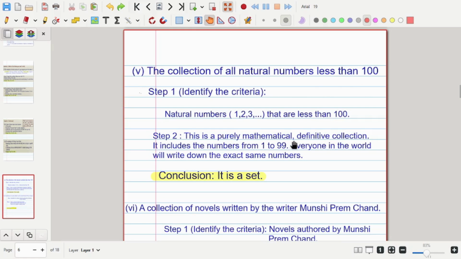So this is a purely mathematical, definitive collection. It includes the numbers from 1 to 99, because less than 100 means up to 99. Everyone in the world will write down exactly the same numbers. So there is no difference of opinion. Therefore, it is a set.